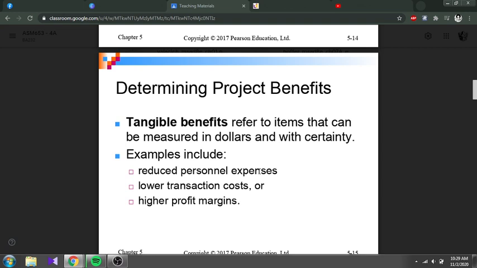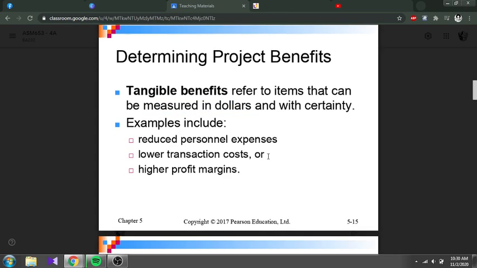So that's something you can measure. Lower transaction costs, okay, maybe you opt for another transportation, and higher profit margin. Last time you just gained 20% profits, now maybe it increases to 30 or 40%, something that you can measure in dollars.